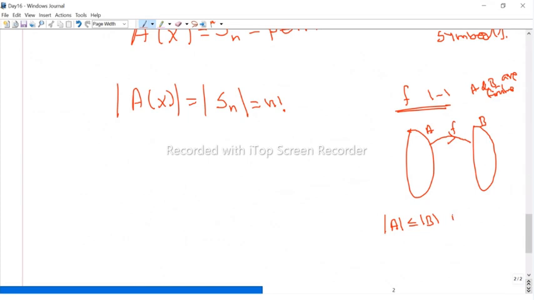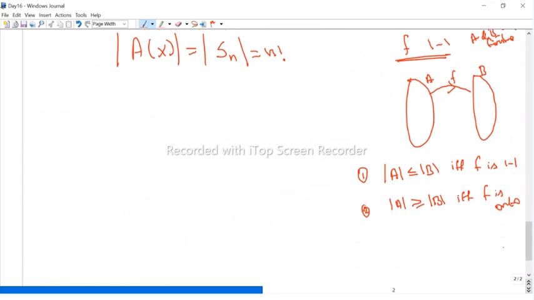So f is one-one if and only if this holds. Similarly, the cardinality of A is greater than or equal to the cardinality of B if and only if f is onto.